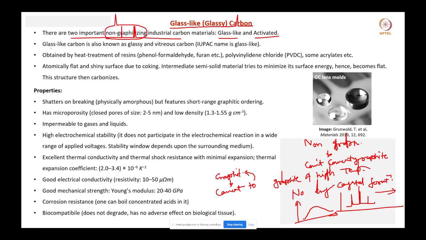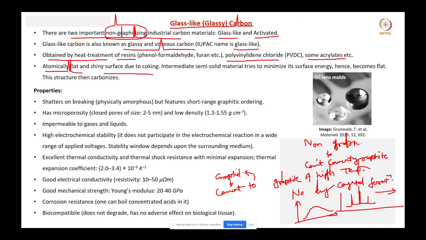The glass-like carbon is also known as glassy and vitreous carbon, whose IUPAC name is glass-like. It is obtained by the heat treatment of resins, PVDC (polyvinylidene chloride) and some acrylates. So you have to do some heat treatment, then you will get this glassy carbon. It has an atomically flat and shiny surface.